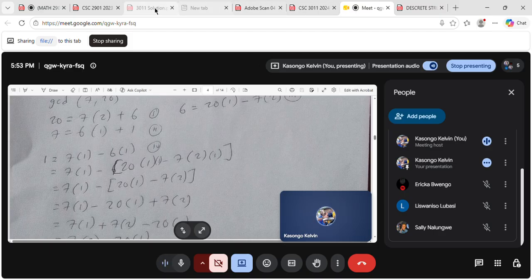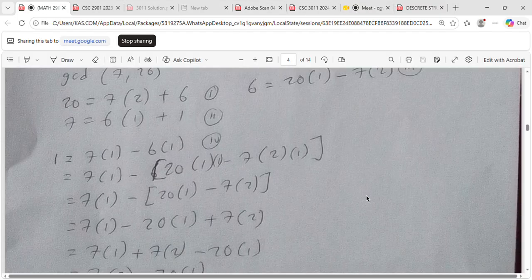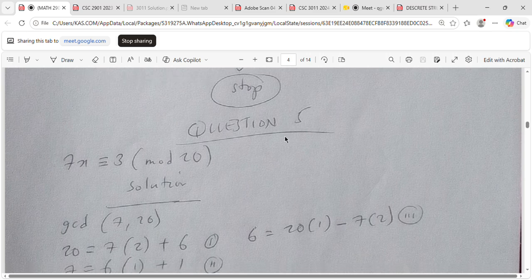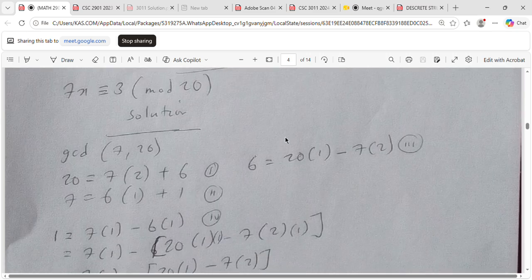Okay, then you start. So that's the first equation, that's the second equation. Now you have to make those remainders the subject of the formulas. So for this equation, the remainder is 1, so 1 equals 7 times 1, then pass in 1 here.